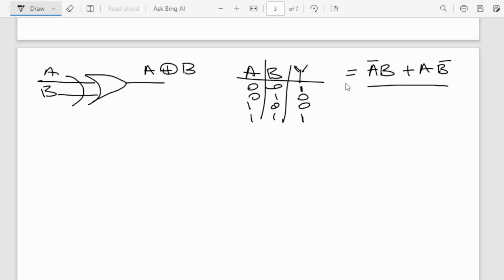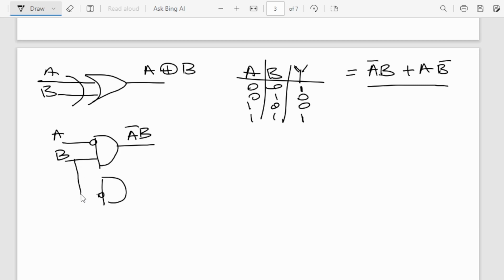So how do you draw this? Again, you know that this is an AND gate because it's multiplied, and you know that there's an inverter on the A. So let's go ahead and draw an AND gate here and put a bubble on A. So this is going to be A, so A bar coming in, and this is B, so the output here is going to be A bar B. Likewise, we have another AND gate here, and of course the inverter is on B this time.